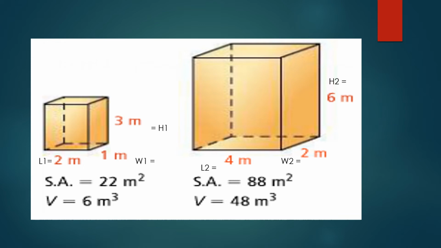It is 2 to 4, or 1 to 2 in simplest form. Again, compare W1 to W2. It is 1 to 2, the same as L1 to L2. Again, compare the heights. H1 to H2 will be 3 to 6, which is 1 to 2 in simplest form.